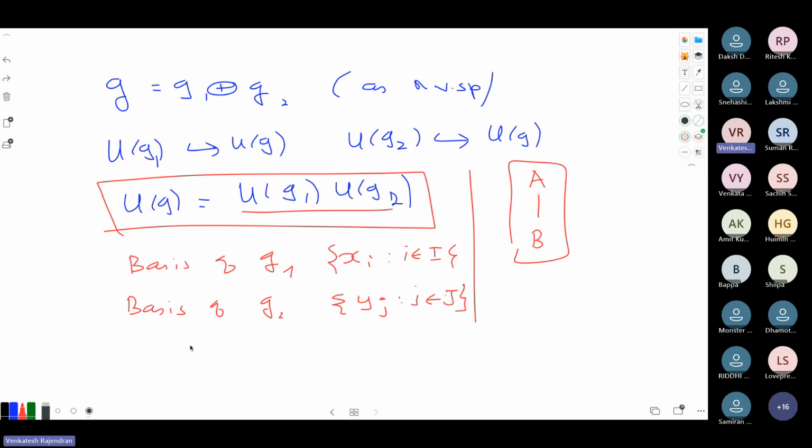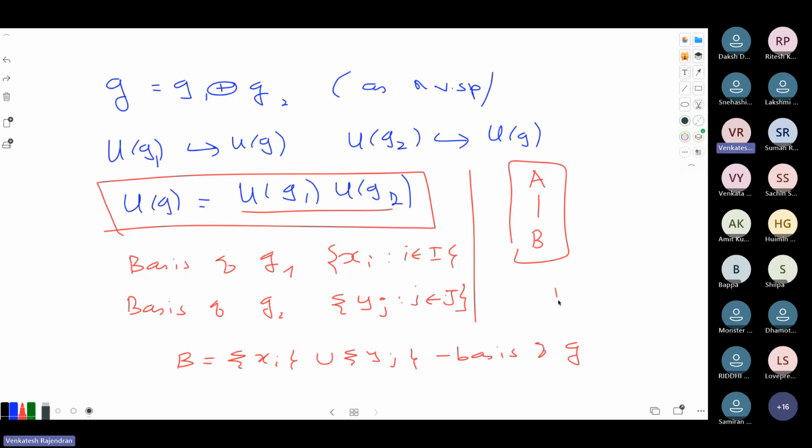So then you know that you have a basis of G1 and of G2, and this B, which is the union of the xi and yj, will be a basis of G. Now you look at some ordering.